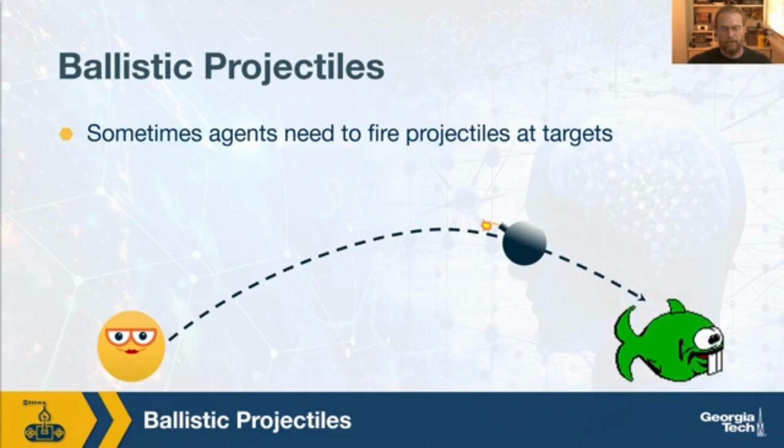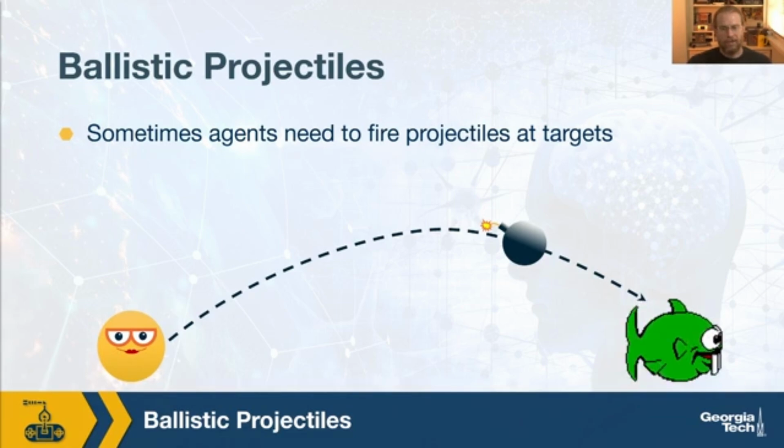In real life, a ballistic projectile is accelerated over a very short period of time, and then there's no further acceleration, at least in terms of setting the trajectory, the initial velocity.